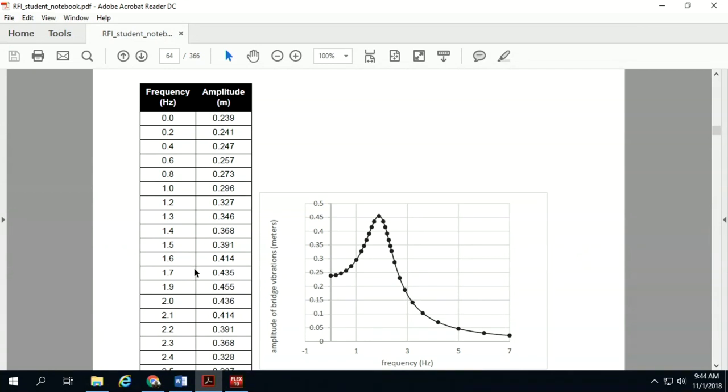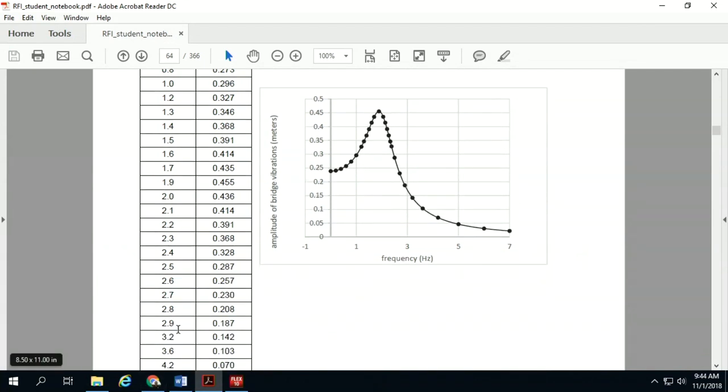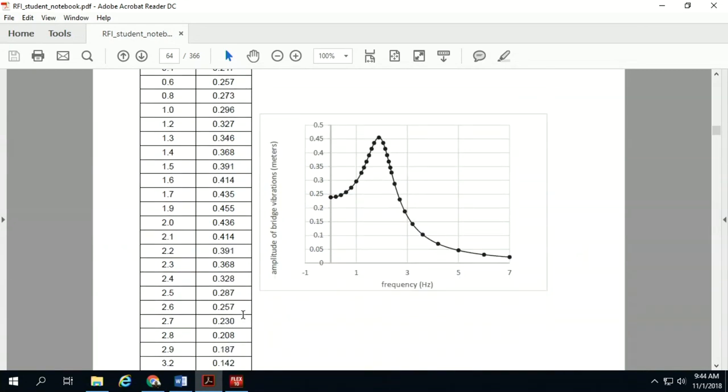If you walk with a frequency of 3 steps per second, 3 hertz, what do you get for an amplitude, sorry.